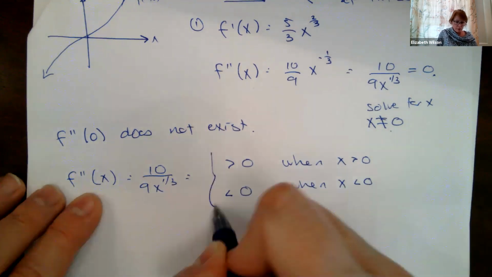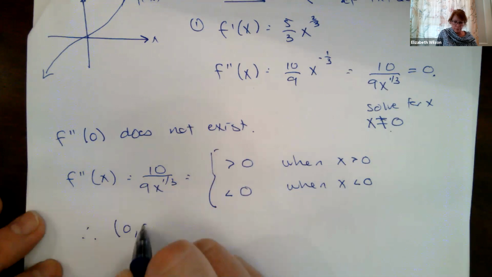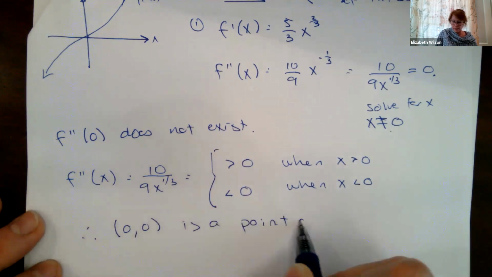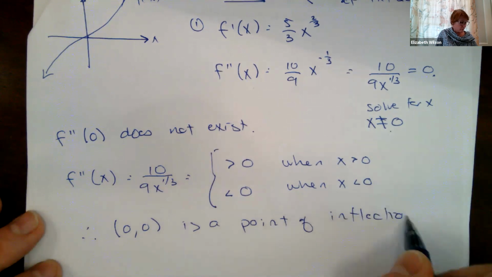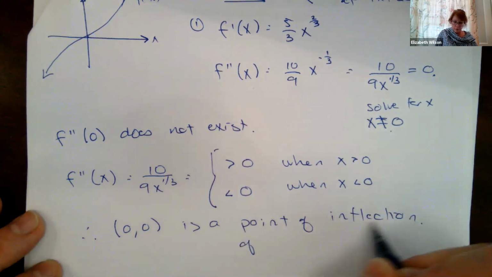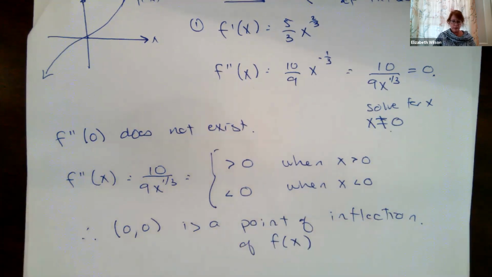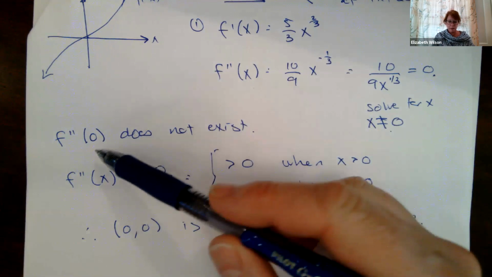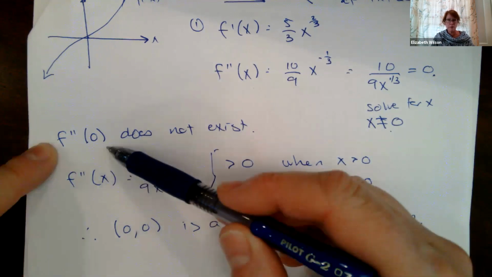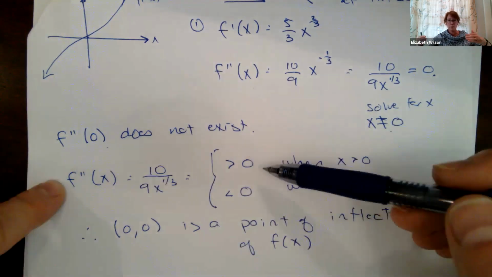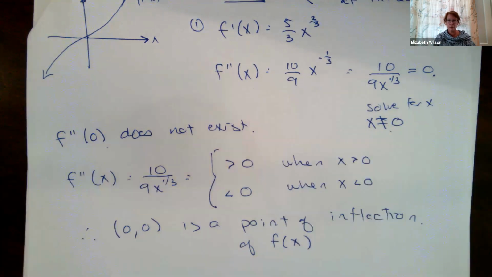So that means that 0, 0 is a point of inflection of my function. Even though I can't get an actual value out of here, because my second derivative at 0 doesn't exist, I still need to check values on either side of that point to see what's actually happening.